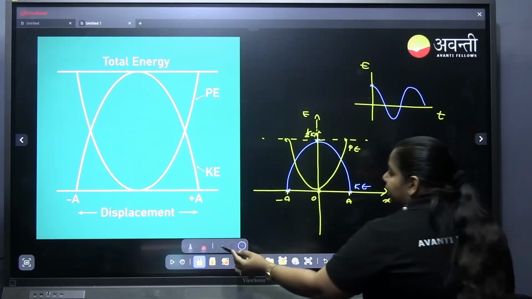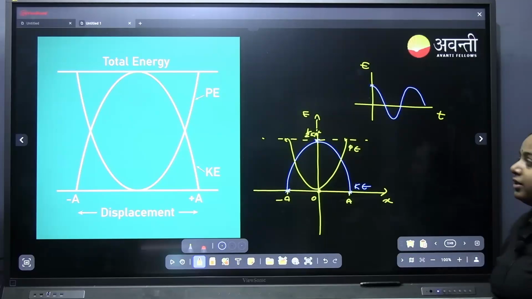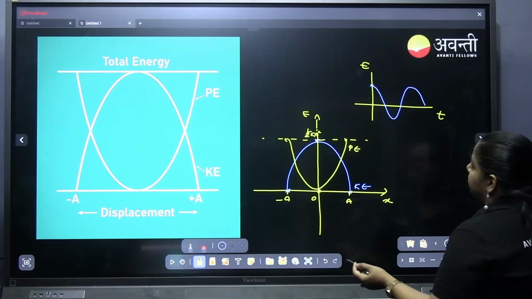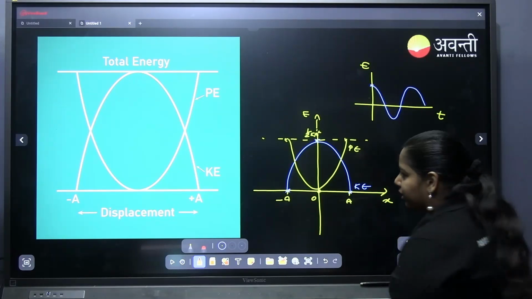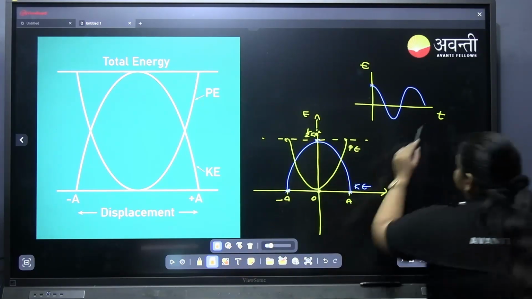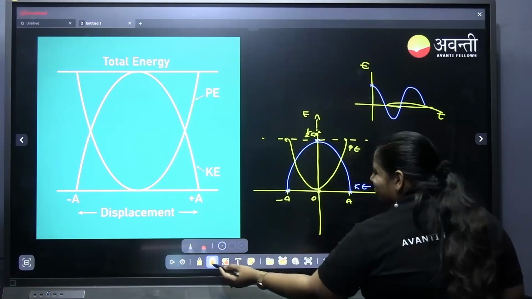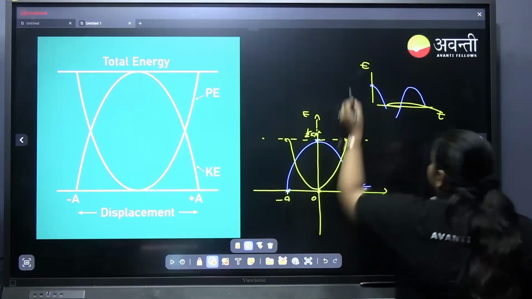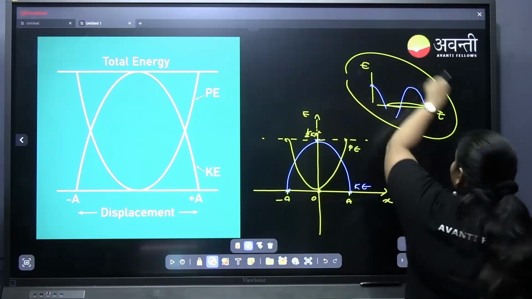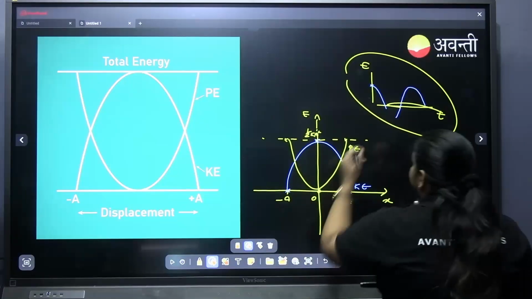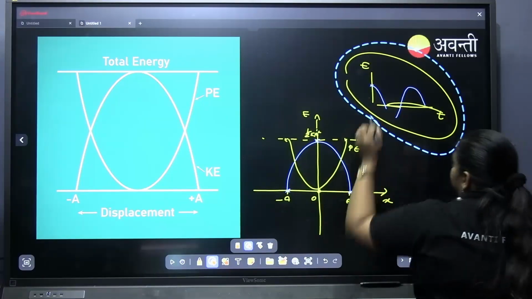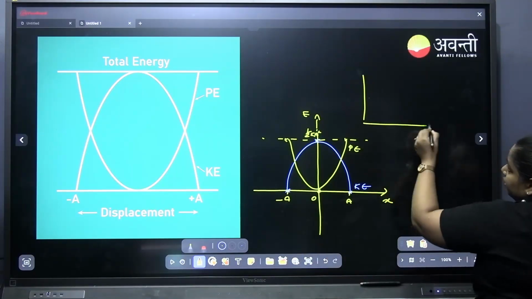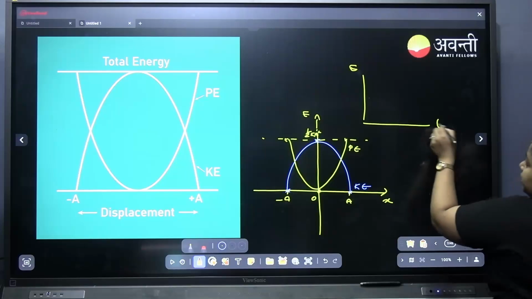Now, potential energy is 0 there. Energy is not negative, don't take it like that. Energy versus time.